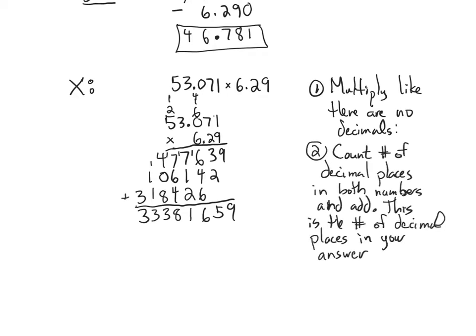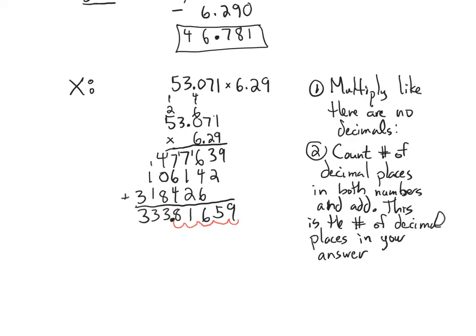Okay. So here we have 1, 2, 3 decimal places in the top number. 1, 2, 2 decimal places in the bottom number. 3 plus 2 is 5. So 1, 2, 3, 4, 5. So our decimal place goes there.